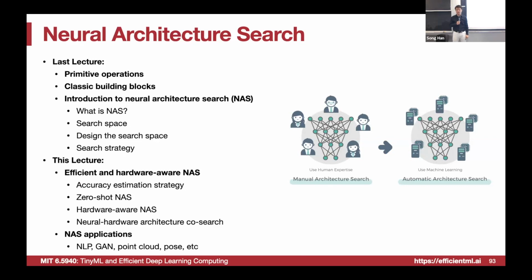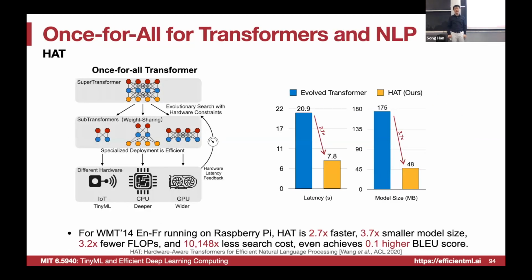Now we're going to switch gears to talk about some applications. How do we accelerate real-world applications with NAS, in particular with the once-for-all approach? First, transformers. So far, we talked a lot about CNN models. What about transformers?